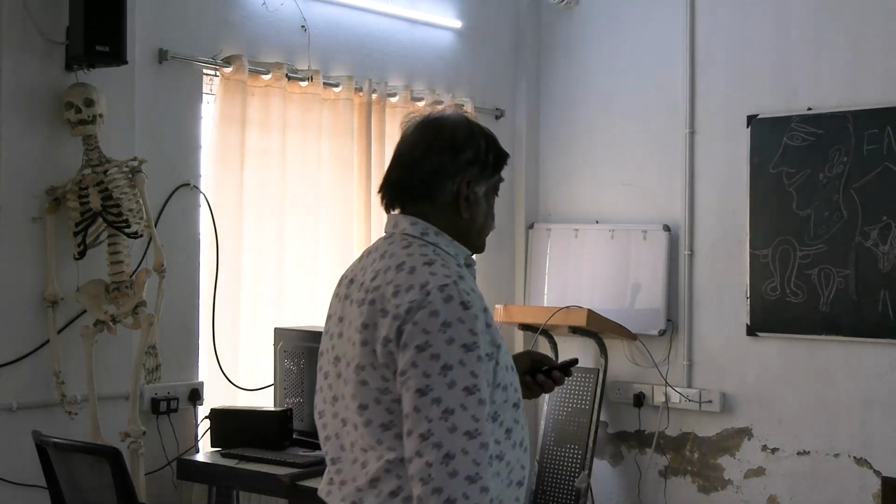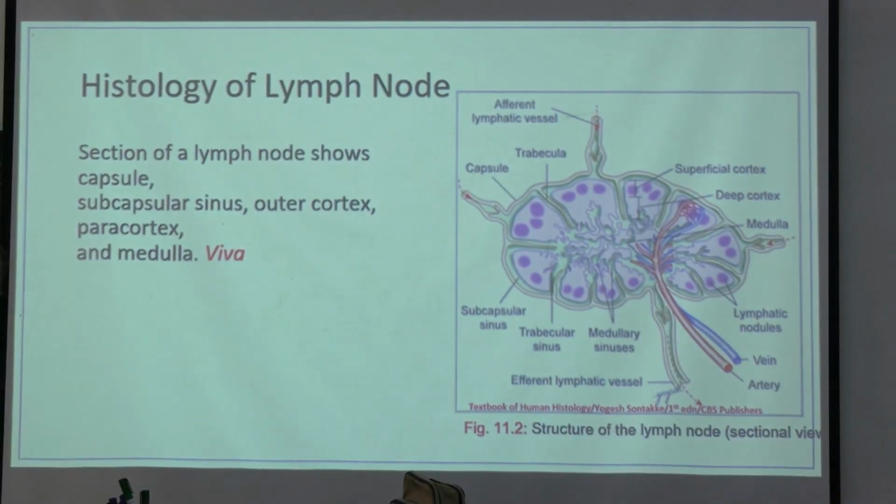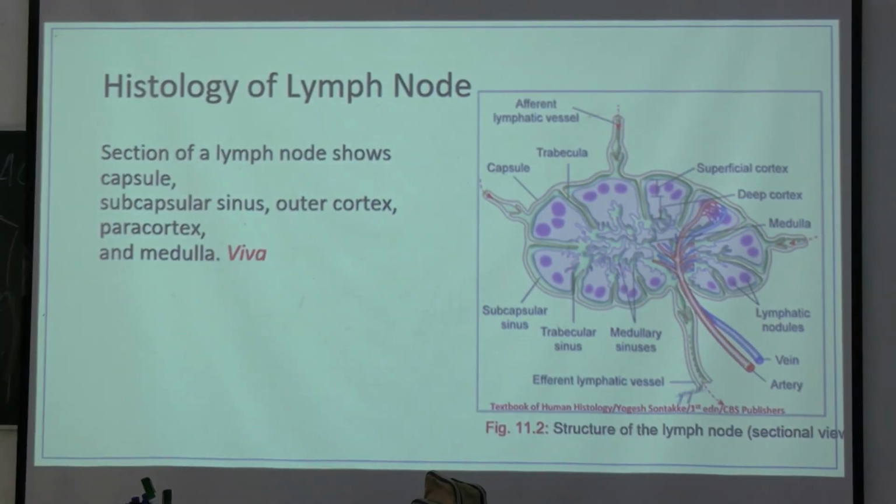Now, histology of lymph node. Section of lymph node shows capsule, subcapsular sinus, outer cortex, paracortex, and medulla. This will be questioned in Viva. Okay. Now, it can be an MCQ also.